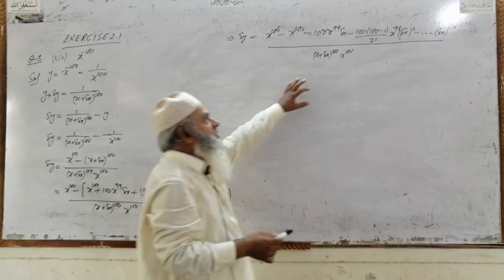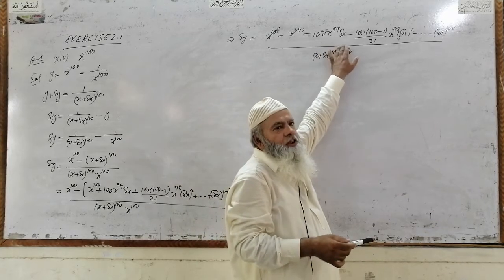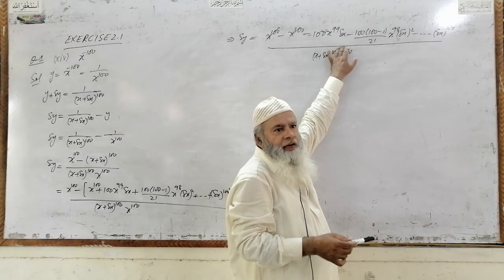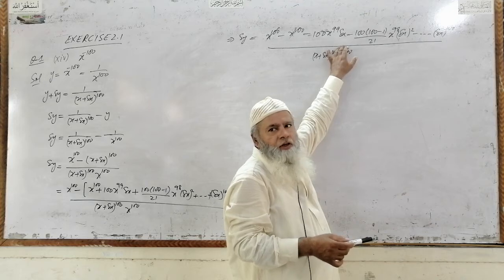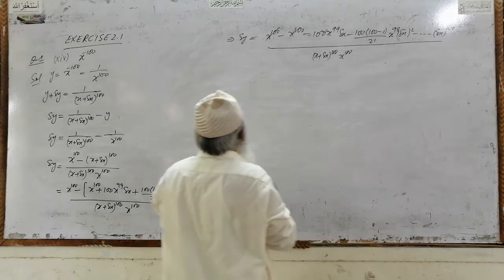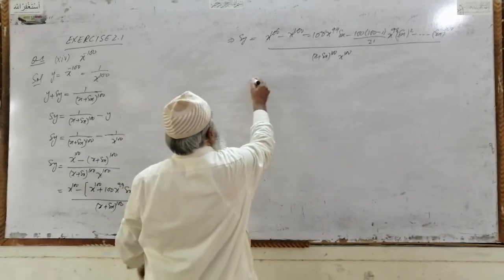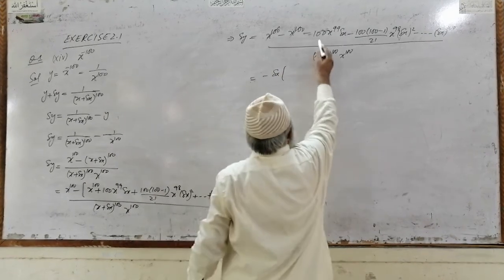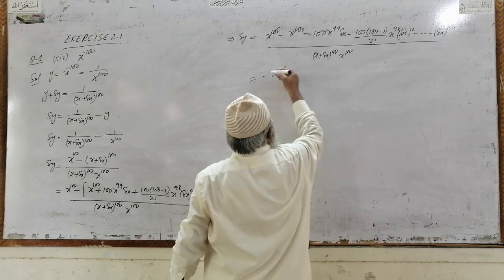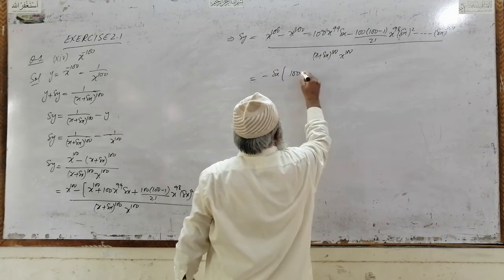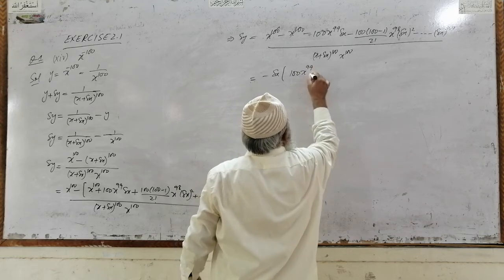And once again you see here each term of the numerator contains minus delta x. Therefore we can take minus delta x common from the numerator and this will become, taking minus delta x common, we will have here negative sign taken common and this will give you positive sign 100 x raised to power 99.